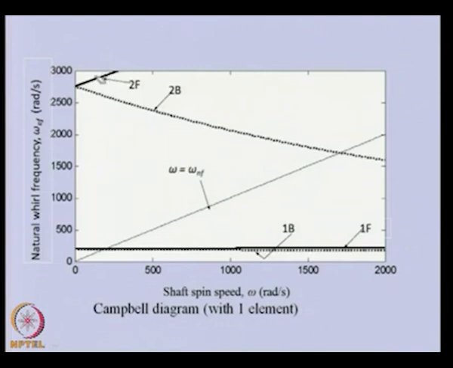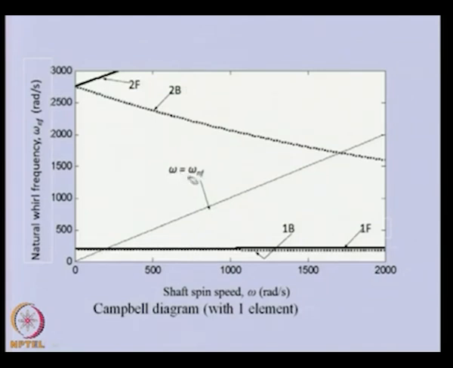So, you can see this is the forward whirl. Initially at 0 speed there is no splitting, but as we increase the speed, the splitting is more. So, this is forward whirl, this is backward whirl. This particular line is the line where the speed is equal to the natural frequency.